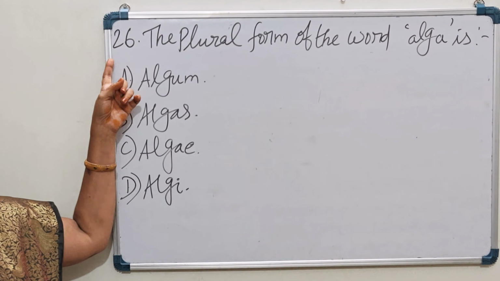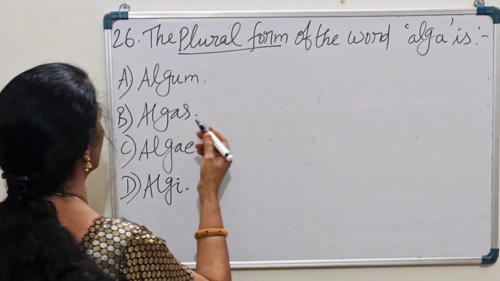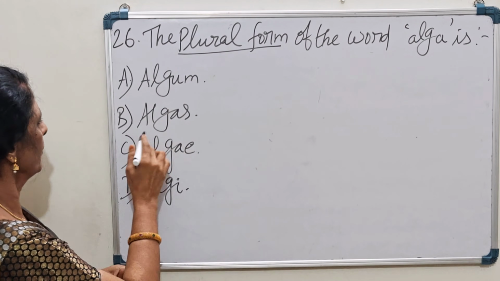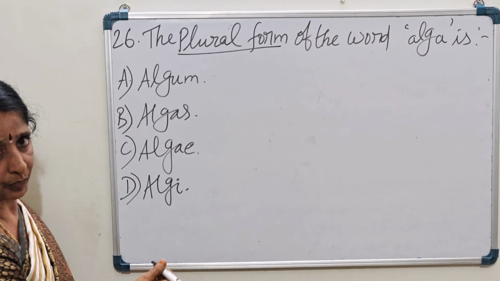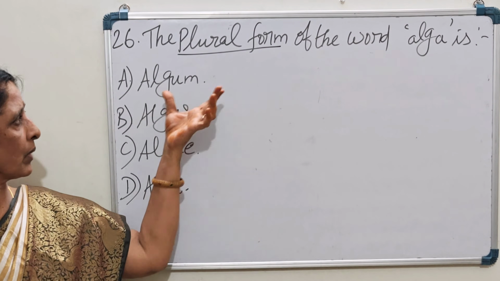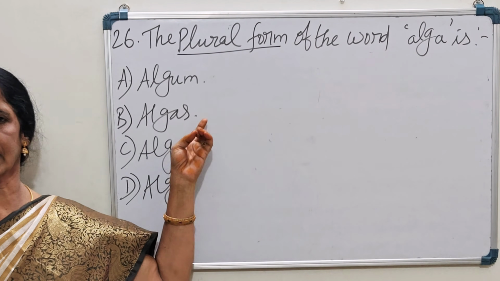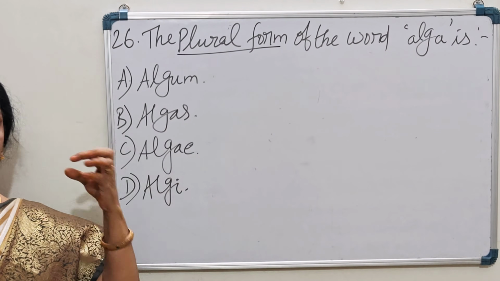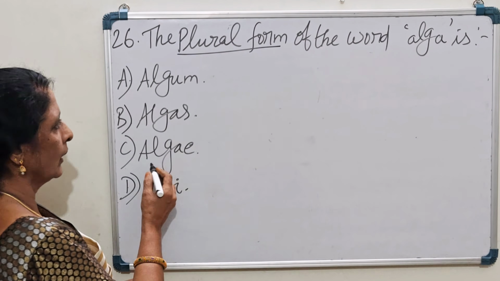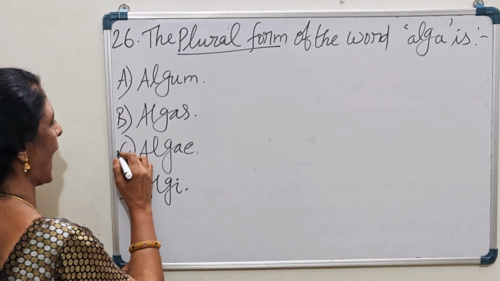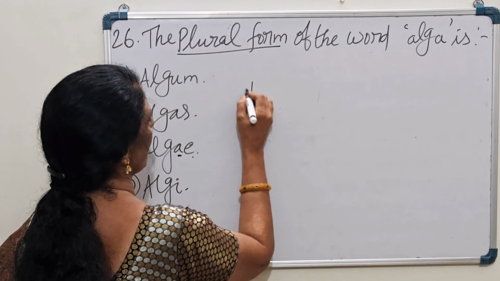Question number 26. The plural form of the word alga is dash. A. Algum, B. Algus, C. Algae, D. Algas. Now I have explained plural form in my video and I'll share the link in the description box. I have explained very clearly and I have given tips also for this video. Now for this, alga: A comes, E, we have to write like this, tips I have given.